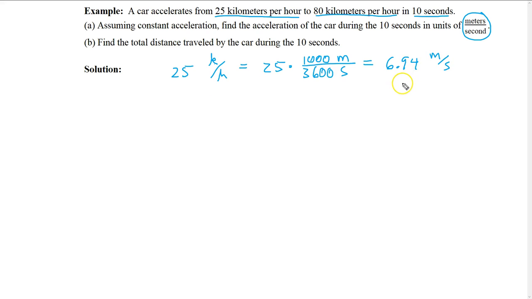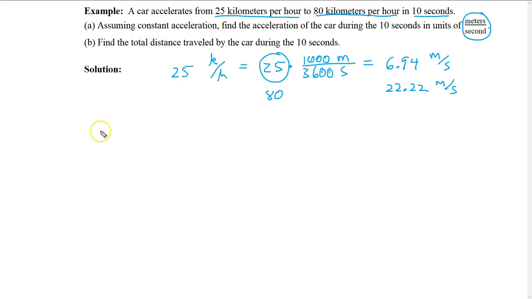Just evaluate that on the calculator and that's what you get. Similarly, if we replace the 25 with 80, we get that 80 kilometers per hour is approximately 22.22 meters per second.